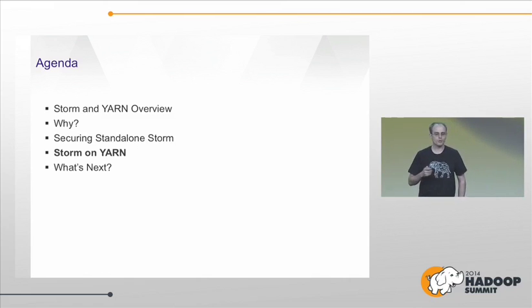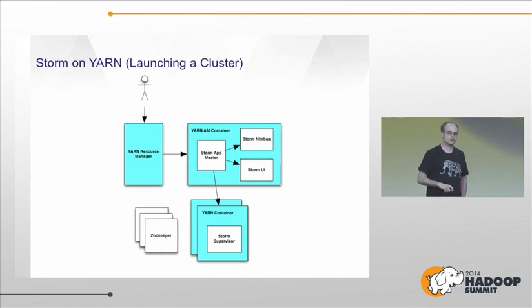And so one of the things we've been playing around with is trying to get Storm on Yarn. And we have a very basic system set up right now. It's similar to Slider with what Arun was talking about earlier, except it is kind of more specific at this point. So when you're trying to launch a cluster, the end user will go to the Yarn Resource Manager, and they'll say, I'm trying to launch a Storm cluster.